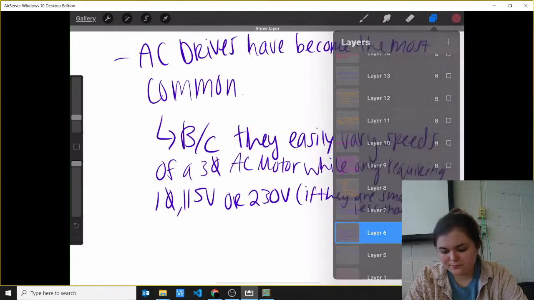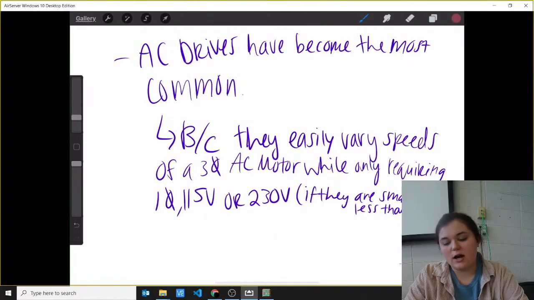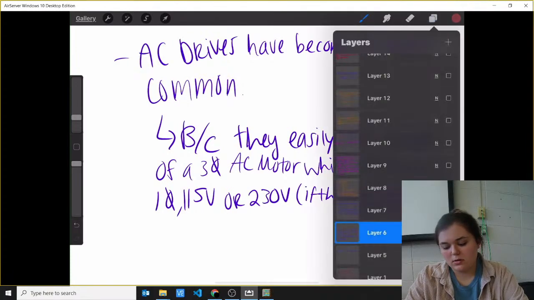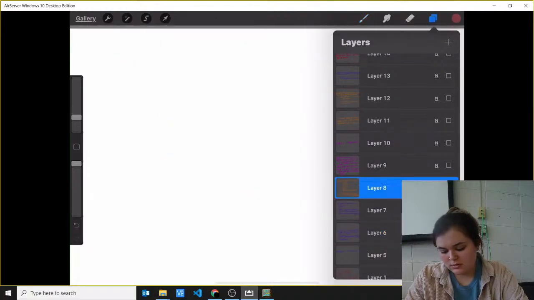Okay. And AC drives have become the most common because they easily vary speeds of a three-phase motor while only requiring one phase, 115 or 230 volt, and if they are smaller drives, less than 3 horsepower. Alright, now let's see here.